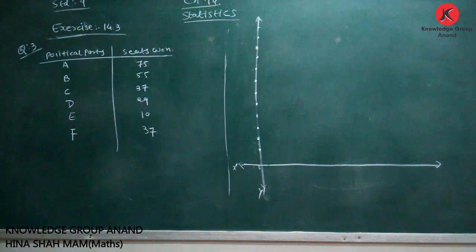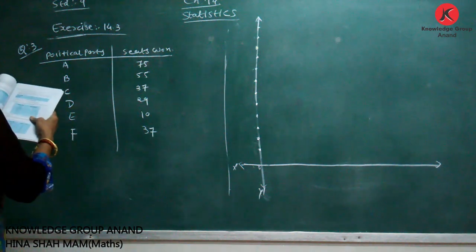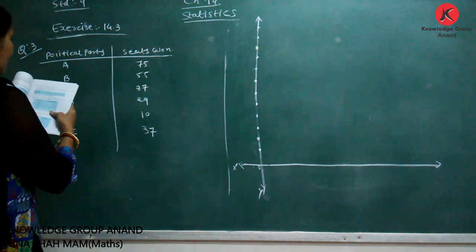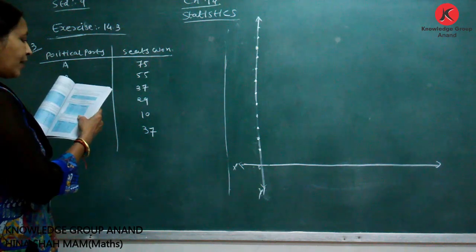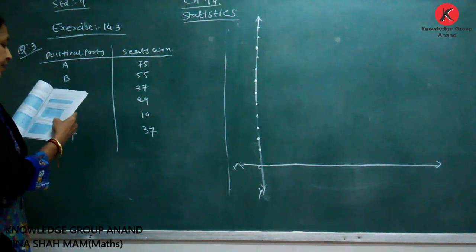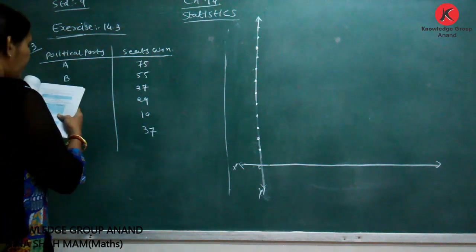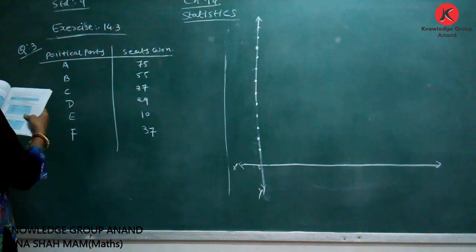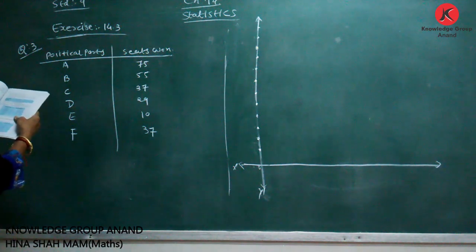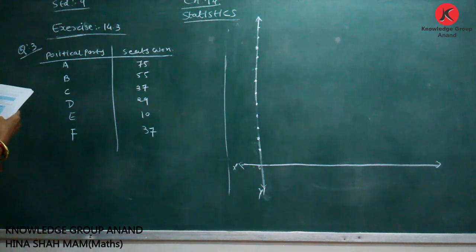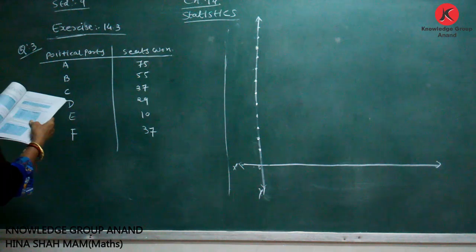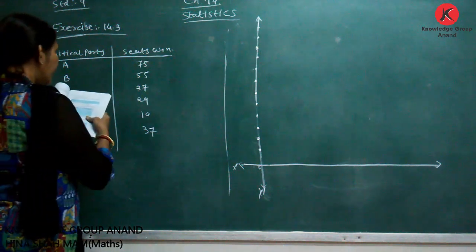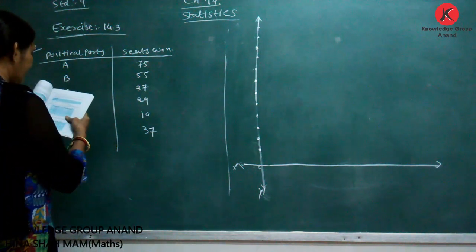Now question number 3. Given below are the seats won by different political parties in the polling outcomes of a state assembly election. Political parties A, B, C, D, E, F, and seats won 75, 55, 37, 29, 10, and 37.